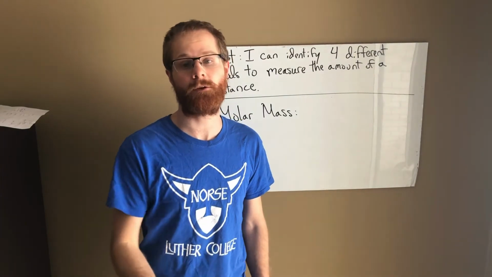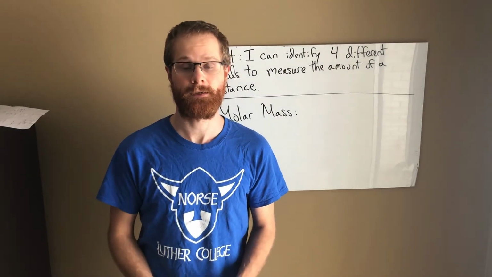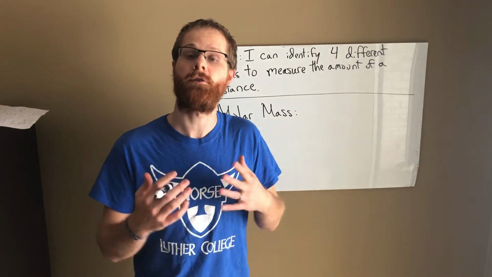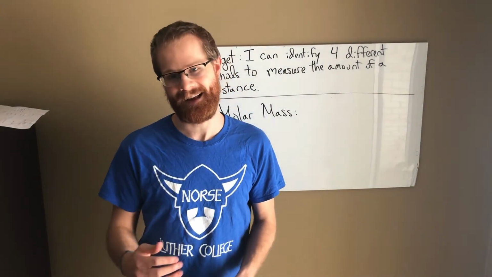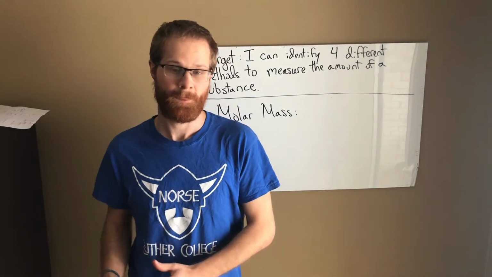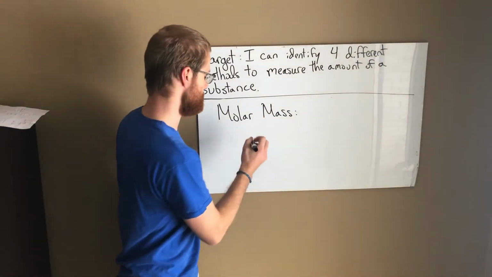An example of a conversion factor is there's 12 inches in a foot. There's 100 centimeters in a meter. Those are conversion factors. They're ratios of two numbers that tell us how to get from one type of unit to another. Molar mass is just a conversion unit.